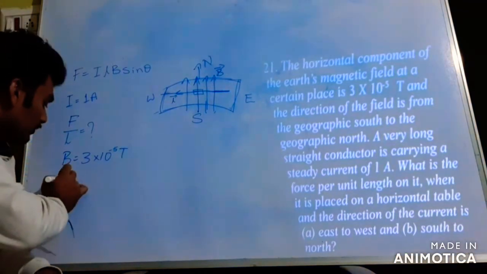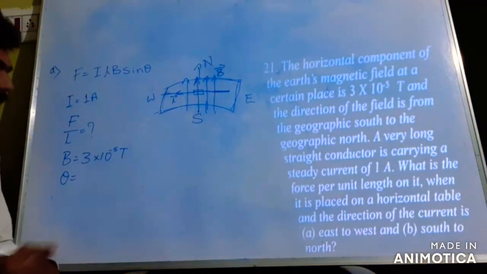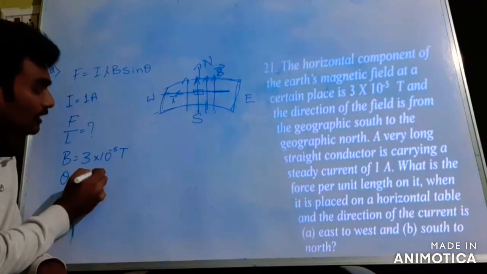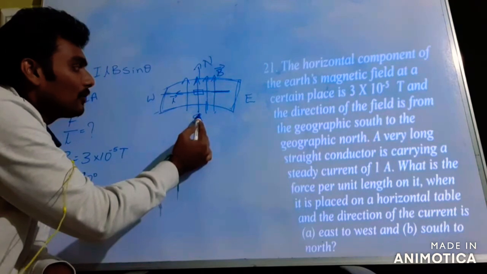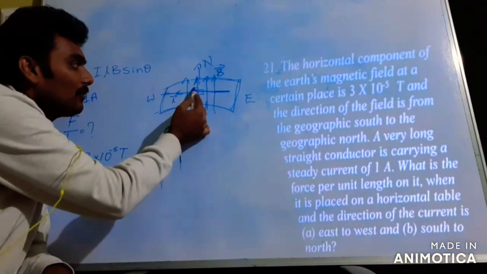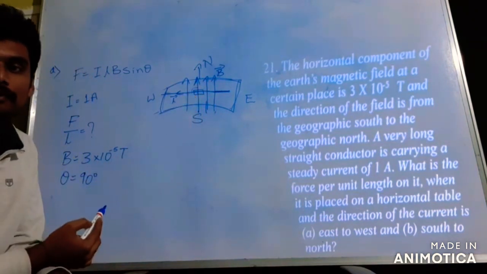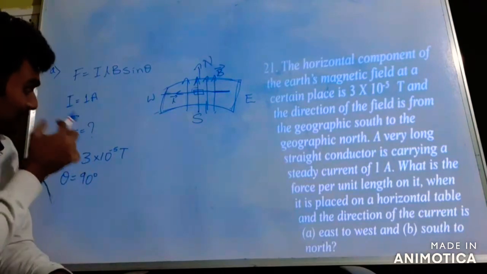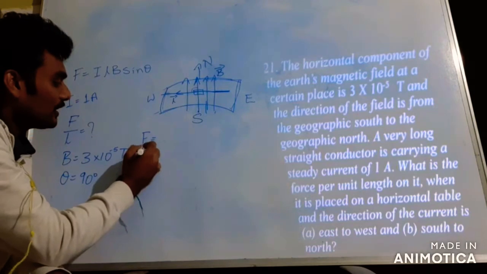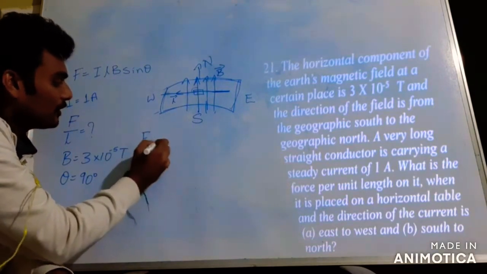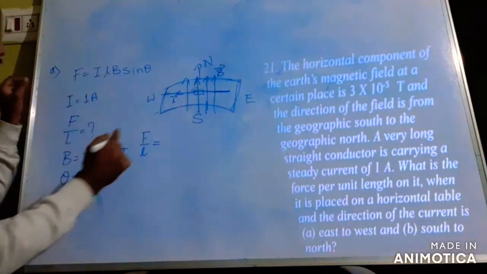Magnetic field is 3 into 10 to the power of minus 5 Tesla. And theta for sub question A is also given, which is 90 degrees, isn't it? Because the current is flowing from east to west and the magnetic field is from south to north, the angle between them is 90 degrees. Substituting, the force per unit length F by L is I B sine theta.